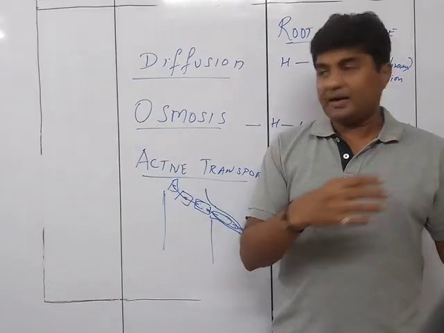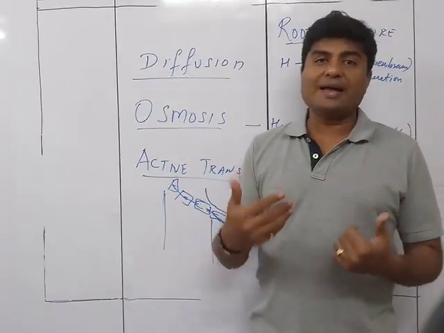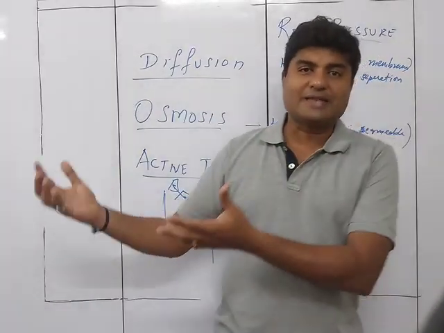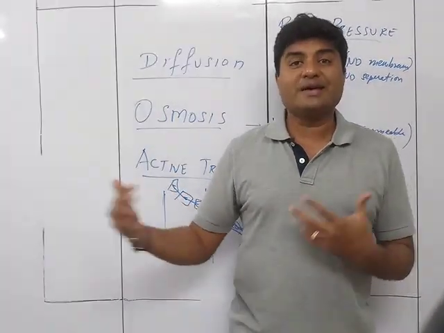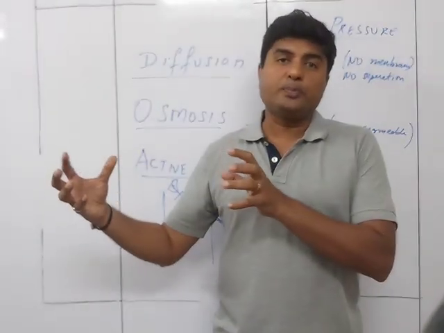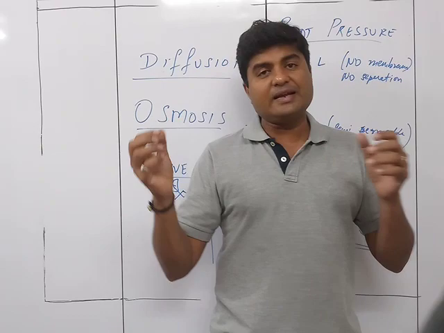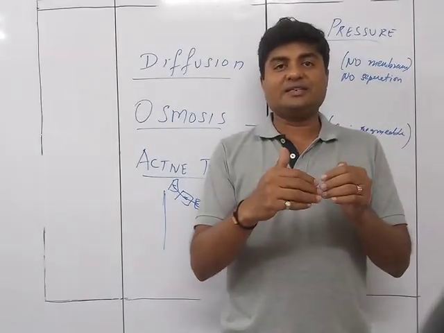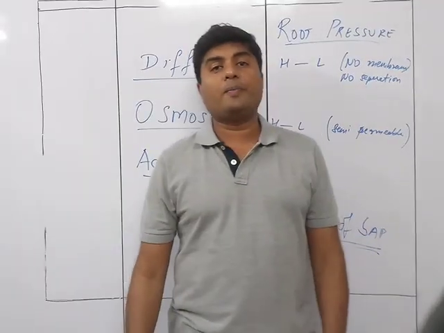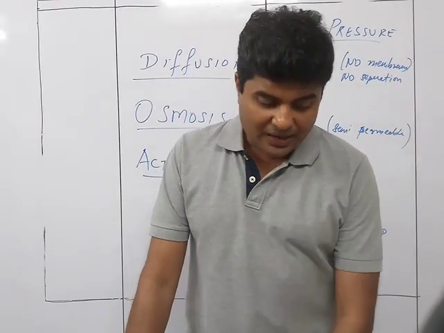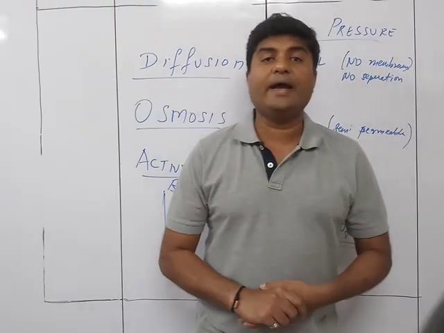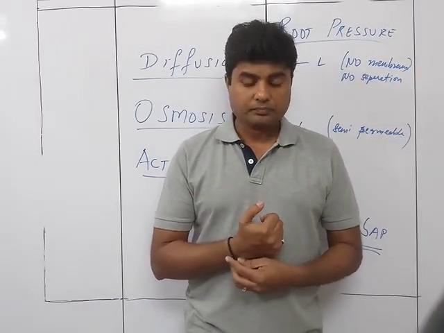Water goes inside by osmosis, and after that active transport takes place to push the minerals inside. Moreover, since the water is coming inside and inside, there is an inflow of water that develops root pressure. That root pressure pushes the water inwards and inwards till it reaches the xylem, and from the xylem it goes upwards into the upper parts of the plant, to a certain height. So this is how plants absorb water.